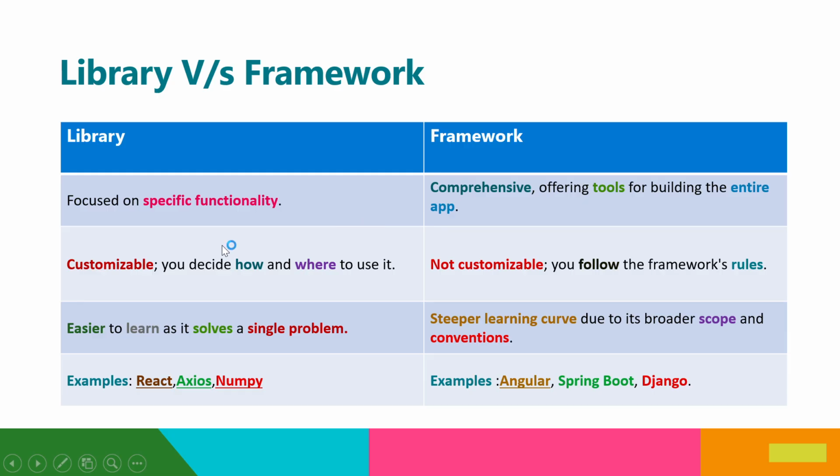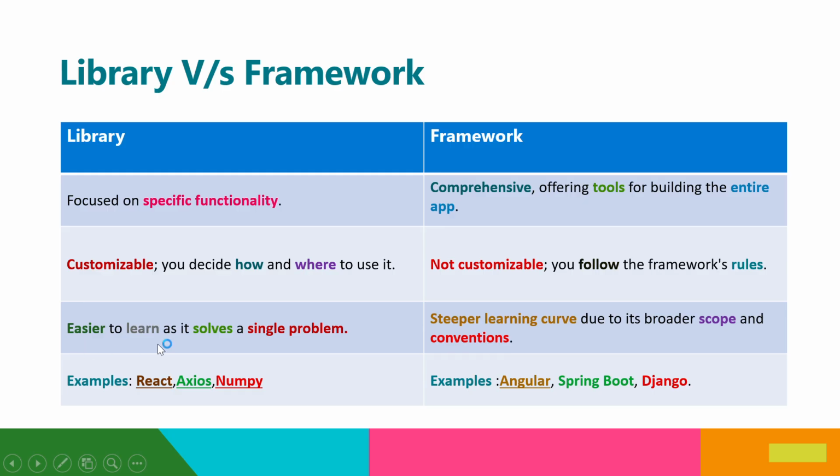Whenever we are building a full-fledged application, frameworks provide the tools for building the entire application, and libraries are customizable. You decide how and where to use them. Frameworks are not customizable; you follow the framework rules.